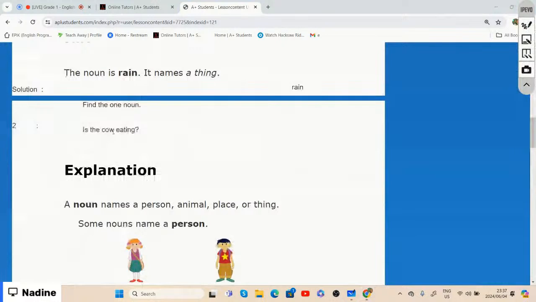Is the cow eating? We need to identify the noun within that sentence. Remember, we either need to identify a person, place, animal, or thing. So it says, is the cow eating?